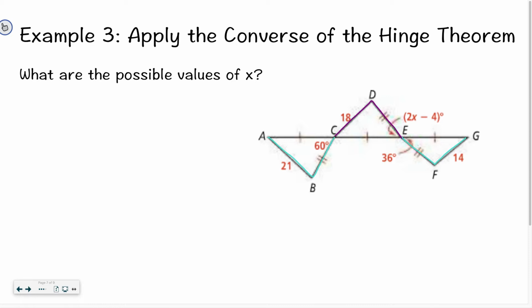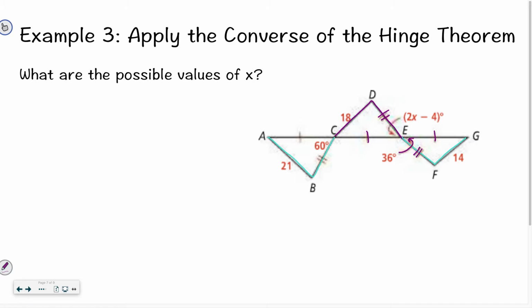All right, so if I want to figure out the possible values of x, I'm going to have to compare that to some other angles. So if I look, there are my two sides. Here are my two sides.